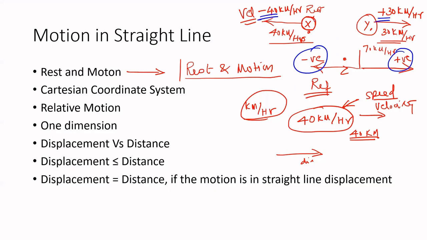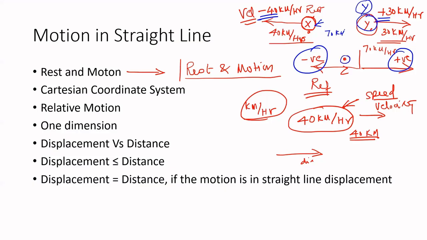Suppose I am sitting in the X bus. If I see y, it will be moving at the rate of 70 km/h because I am at rest inside the bus. Suppose I am inside the y bus. If I see x, it is moving at minus 70 kilometers per hour because I am inside y, which means I am taking y as reference.